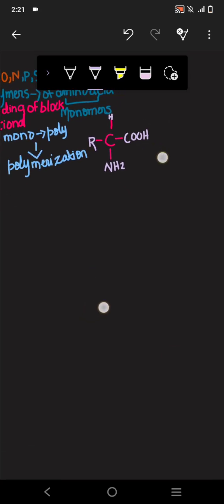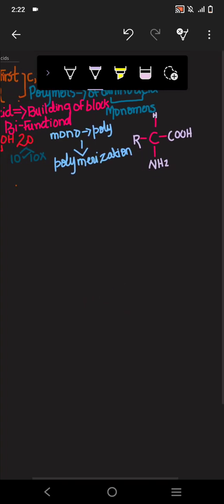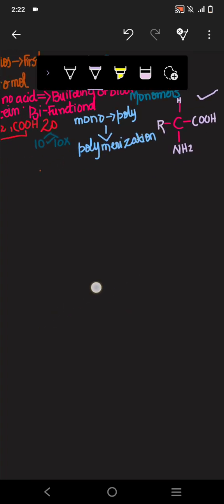Now the question arises: how does this formula make the protein?